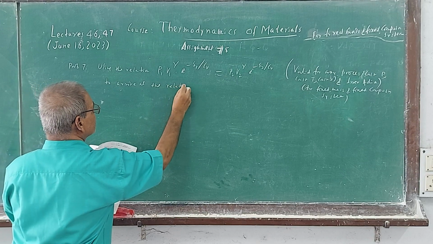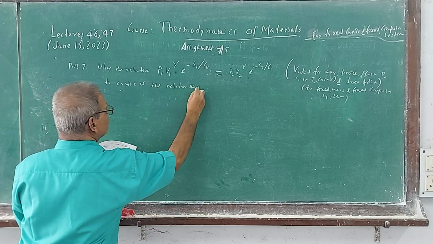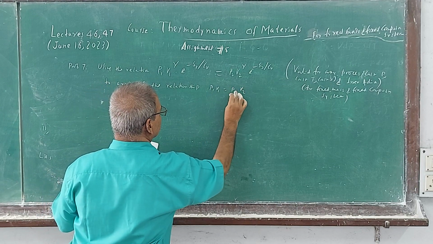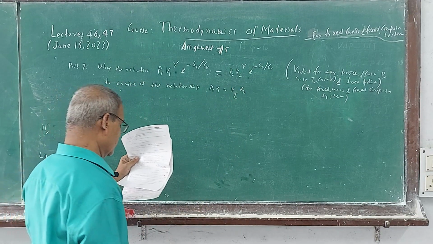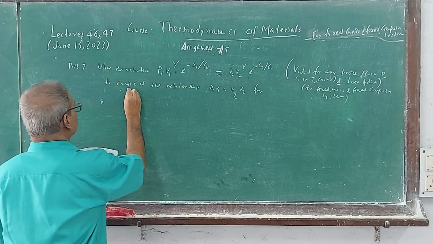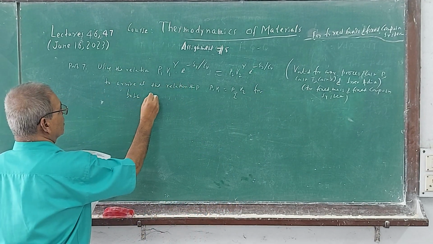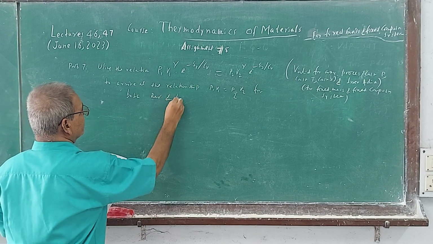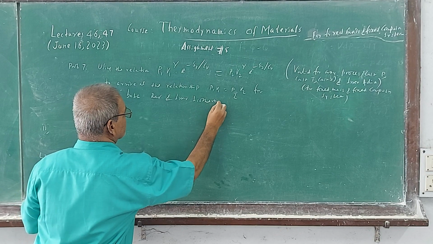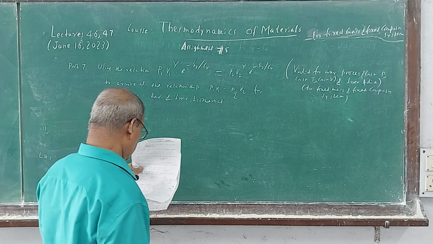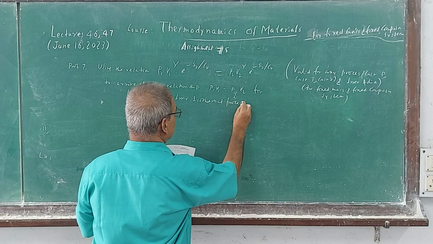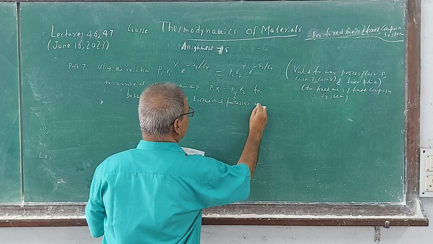The relationship P1 V1 equals P2 V2, which is for both reversible and irreversible isothermal processes, with n moles of ideal gas.